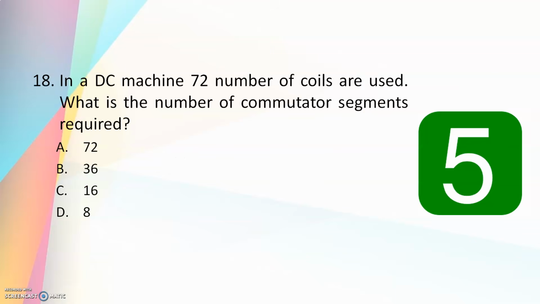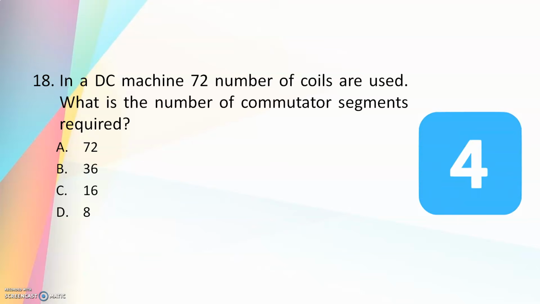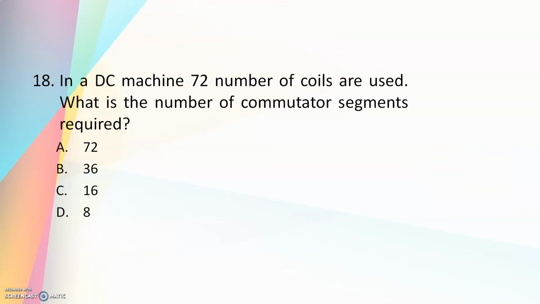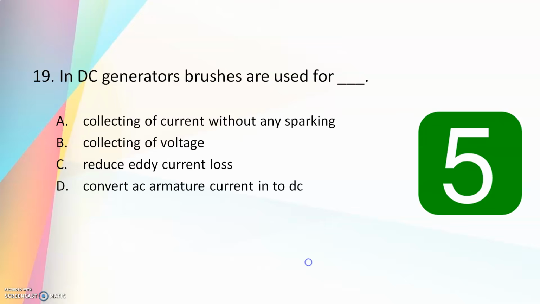In DC machine, 72 number of coils are used. What is the number of commutator segments required? 72, 36, 16, 8. And the answer is 72. In DC machine, number of coils equal to number of commutator segments.